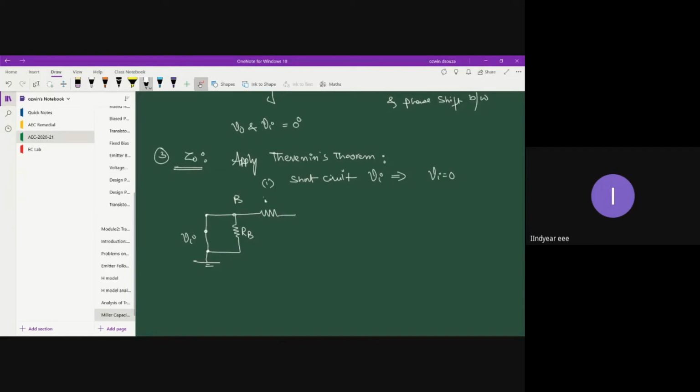Then you will have your input resistance Ri, that later gets connected to the emitter terminal, and between emitter and ground, you are going to have the current source, beta d into IB, and you will have RE.